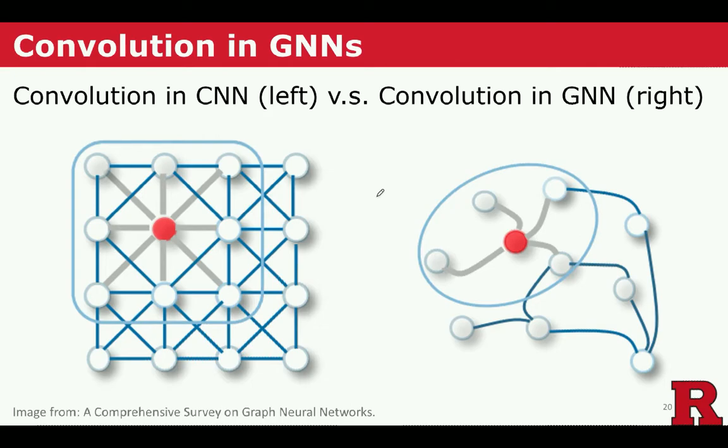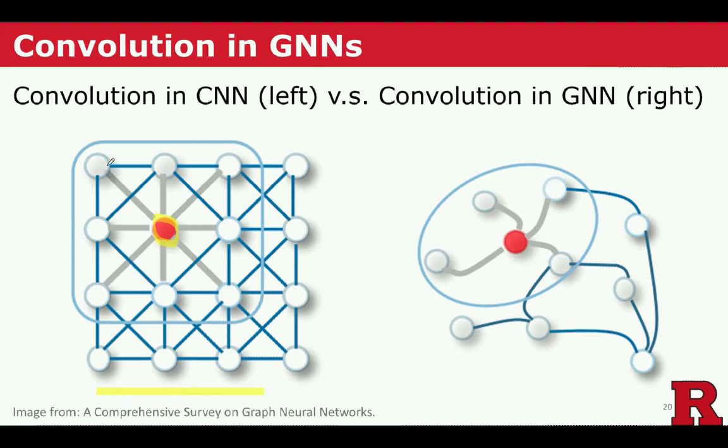As illustrated in this left image, each pixel is directly connected with its nearby pixels. This is the central pixel, and given a 3 by 3 window, the neighborhood of this pixel is basically the surrounding 8 pixels.